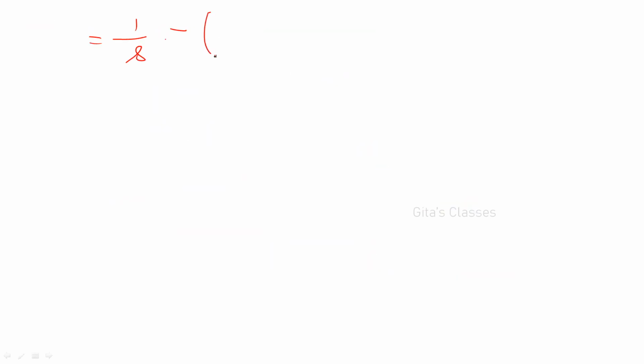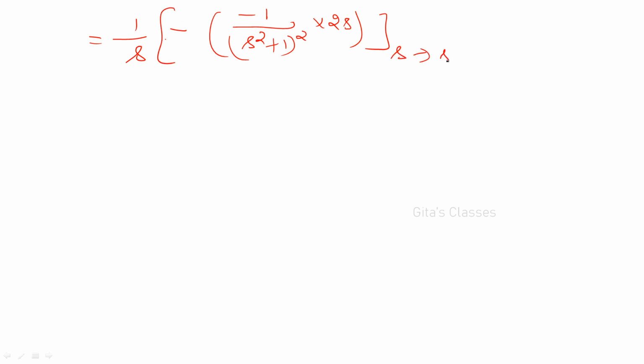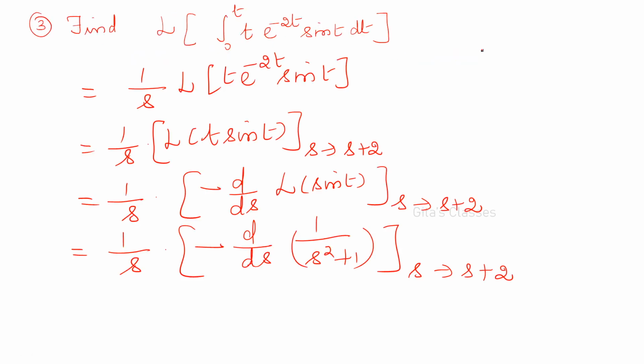So minus of minus 1 by s squared plus 1 the whole squared into 2s, in which s should be replaced by s plus 2.